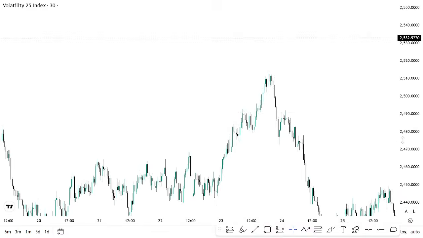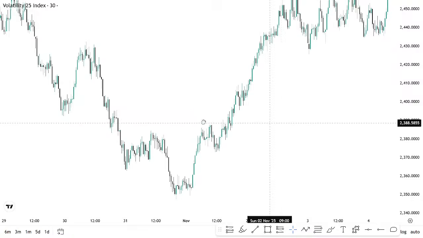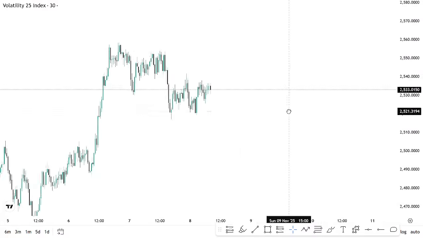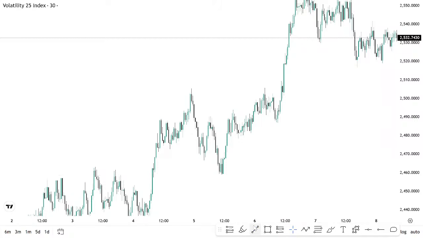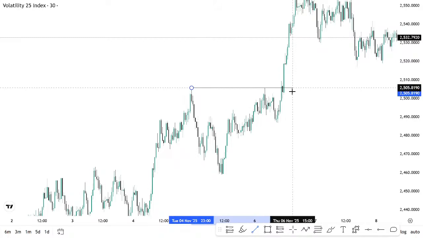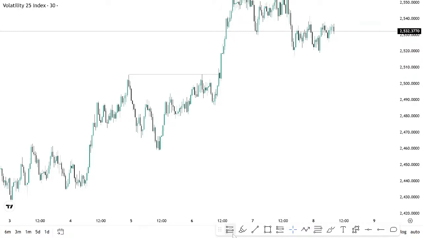Let's see if we can join the buy on this our 30 minutes. We had our last break of structure here. We had this liquidity formation.